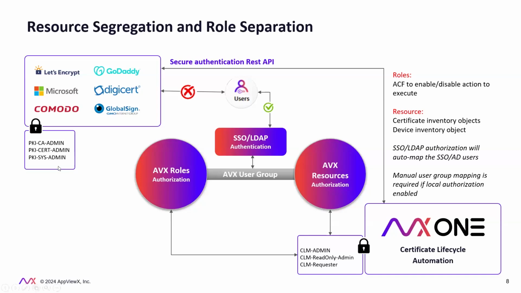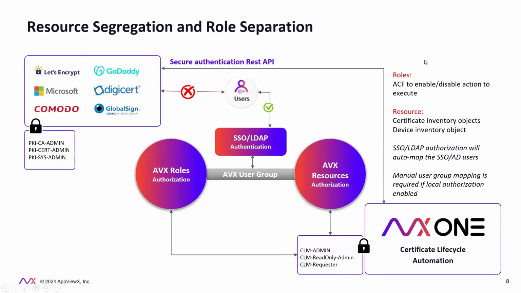And the PKI system admin, who is not allowed to perform any changes in the CA, but is allowed to validate the operating system level patches applicable for your PKI system, to make sure that the new OS patch is not impacting your issuing CA. So these are all the roles that you might have defined.